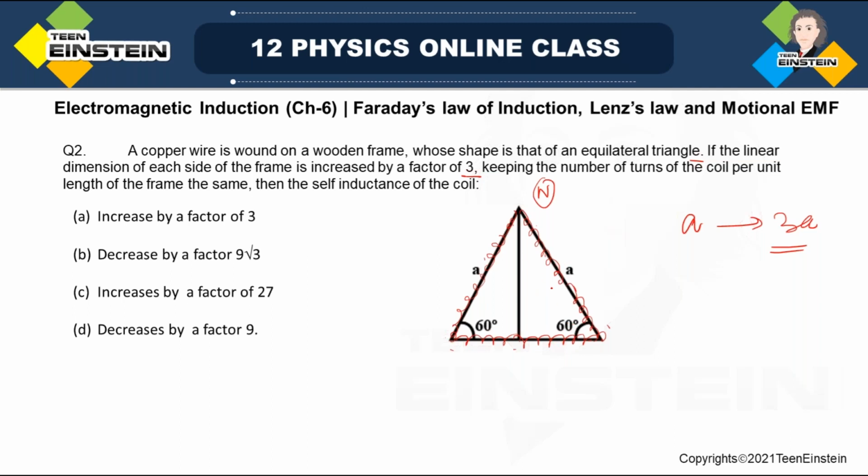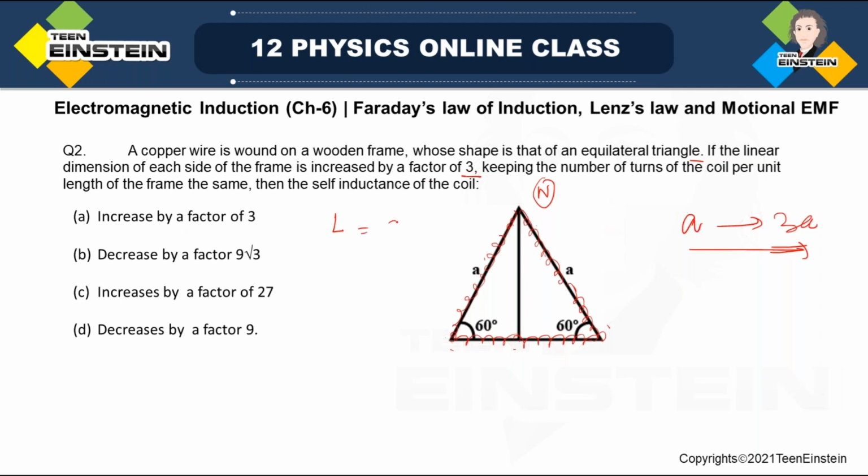Now the dimension of the wooden frame is increased, the sides of the triangle from a to 3a, keeping the number of turns of the coil per unit length of the frame the same. Then what will be the self inductance?